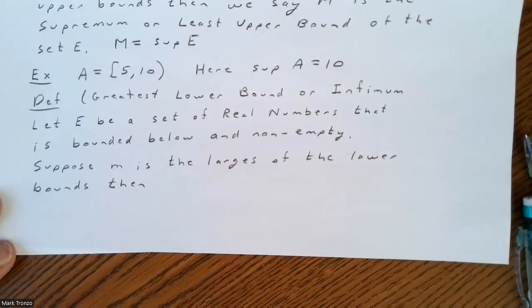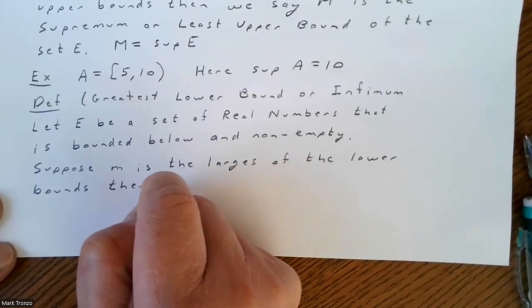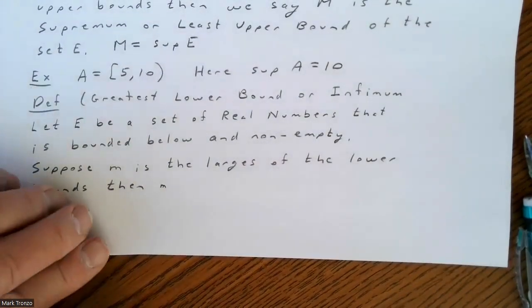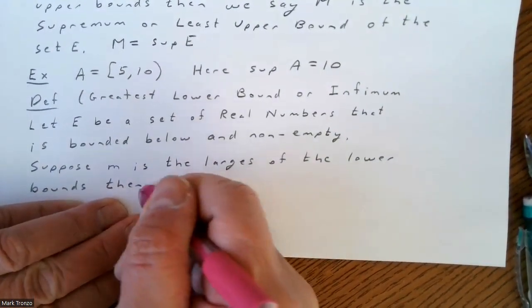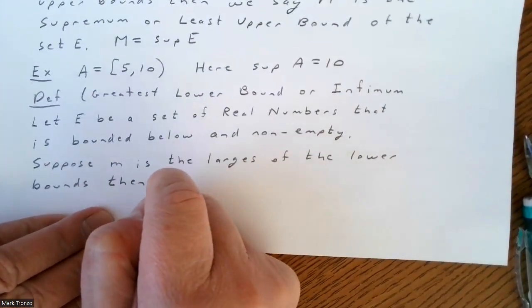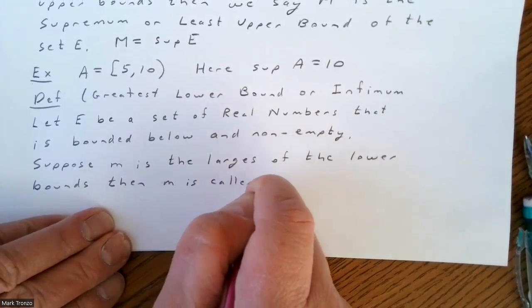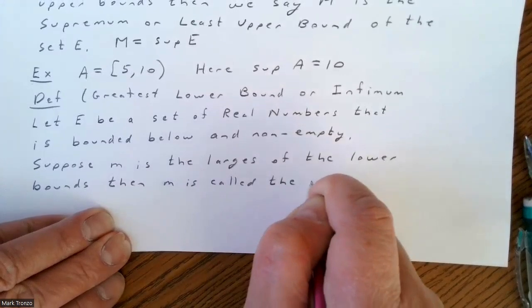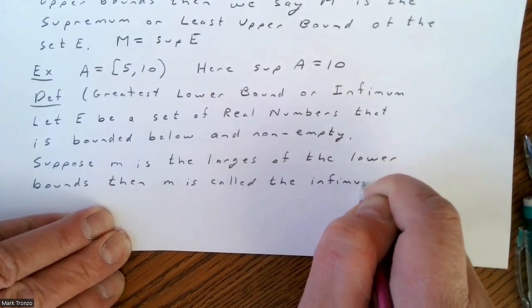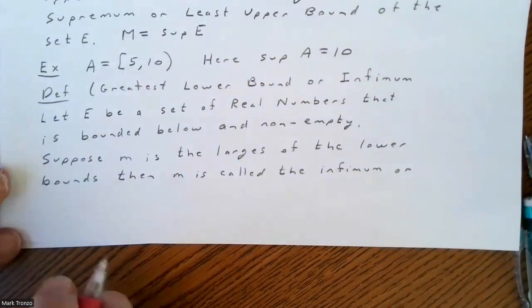Then we can say m is called the infimum, or the greatest lower bound.